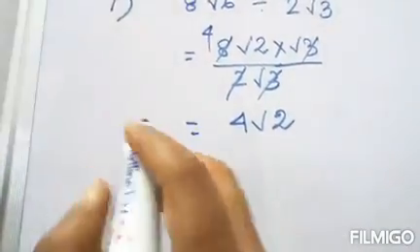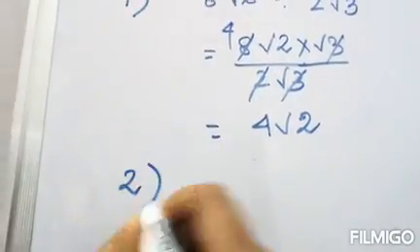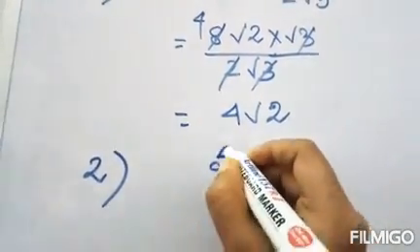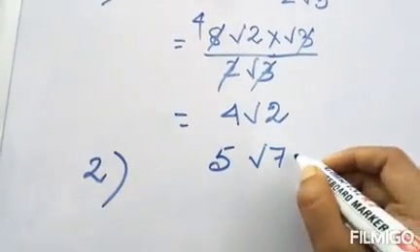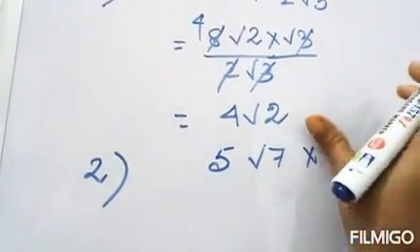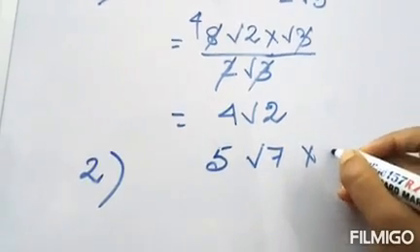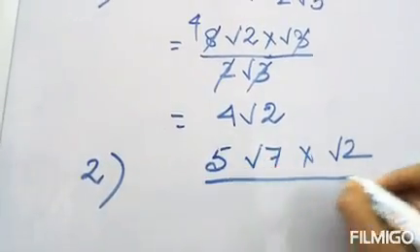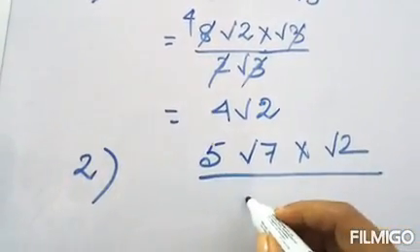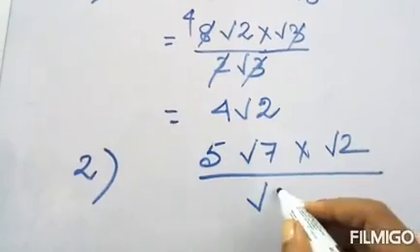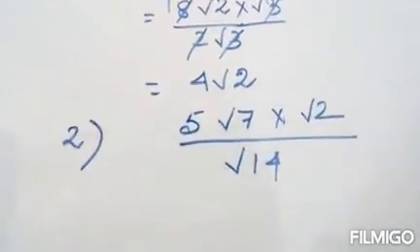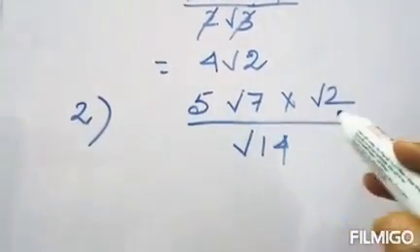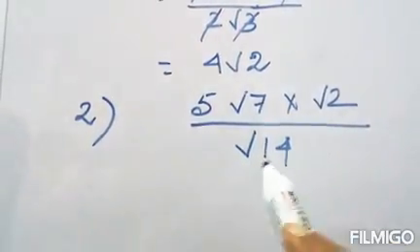Now let us consider another question, like say 5 root 7 into root 2 by root 14. Okay, my question is, I have to solve this one, 5 root 7 into root 2 by root 14.